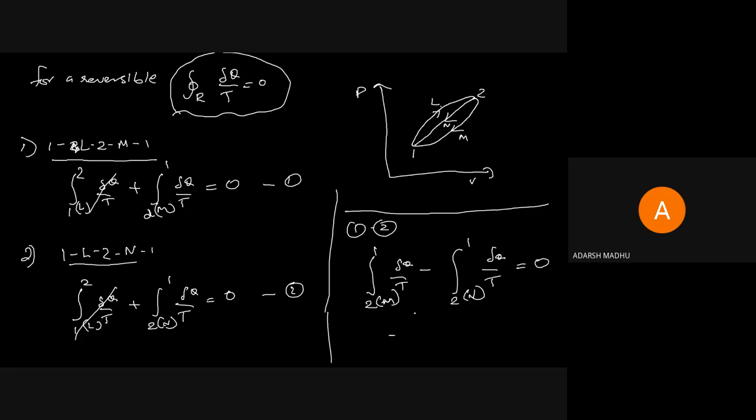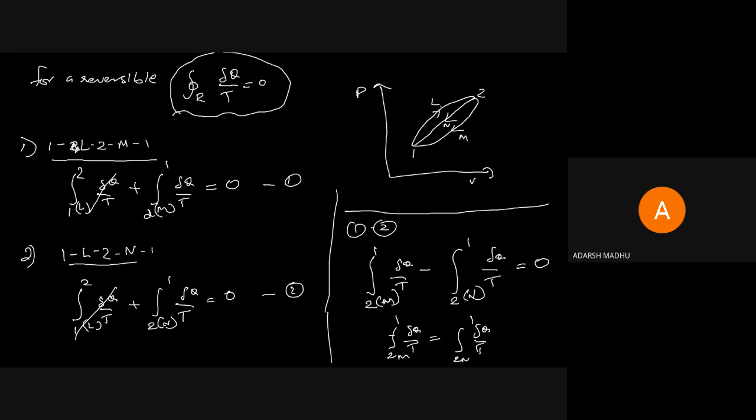Or we can equate them: the integral from 2 to 1 of dq by t along M equals that along N. So it is clear that the total for a reversible process, whether it occurs through the N path or the M path, is the same.